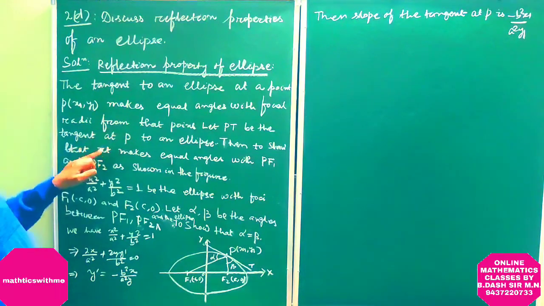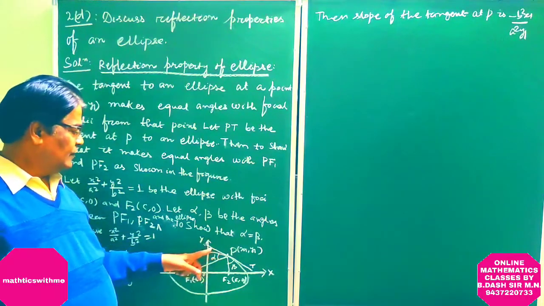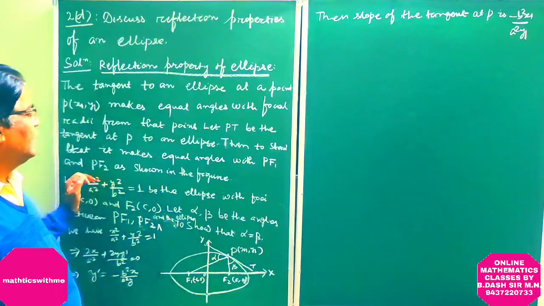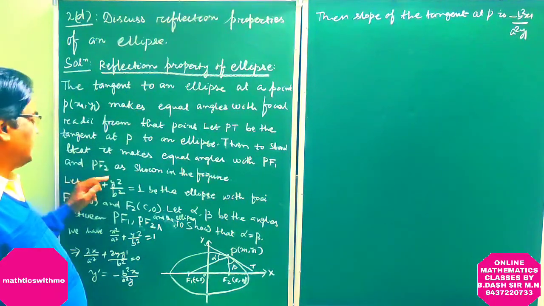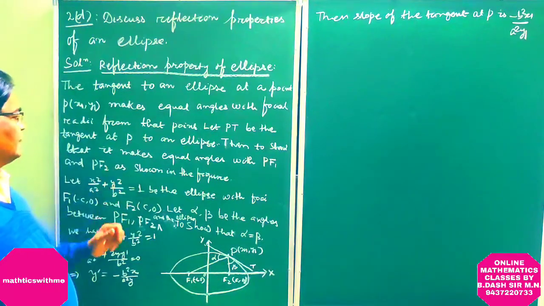Let PT be the tangent at P to an ellipse. So now we have taken PT, the tangent to an ellipse. Then we have to show that it makes equal angles with PF1 and PF2. This is PF1 and this is PF2 as shown in the figure.